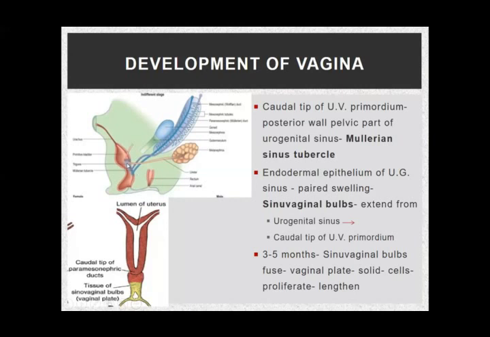Arising from the urogenital sinus, you have two elevations. These two elevations are called sinovaginal bulbs. One is this, arising from this structure which is the urogenital sinus. This is Langman's drawing, son, okay. These two elevations are called sinovaginal bulbs.